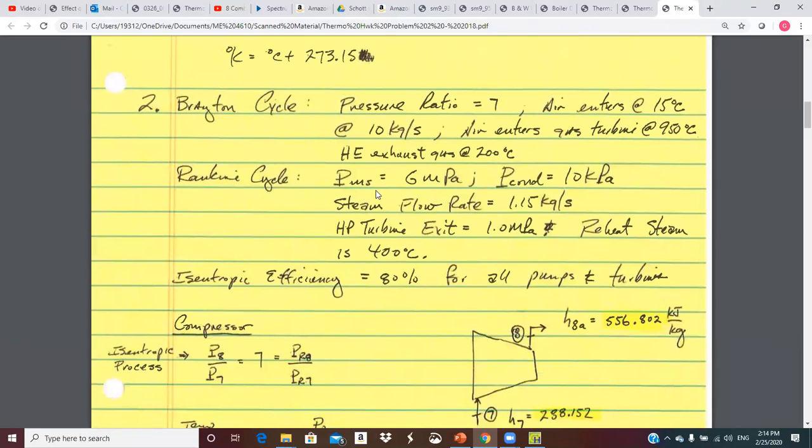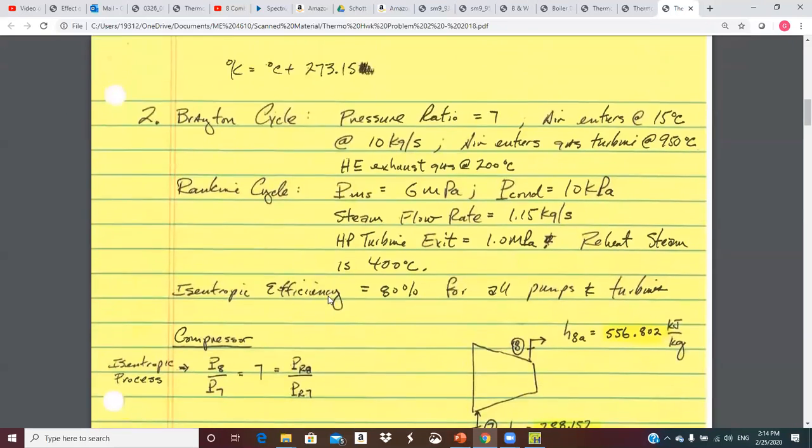Okay, on the Rankine cycle, main steam pressure 6 megapascals, condenser pressure 10 kPa. We do have steam flow rate through the whole system. There's no extraction, so it's constant at 1.15 kilograms a second. High pressure turbine exit, 1 megapascal, and the reheat steam is 400 degrees C. Isentropic efficiency is 80% for all pumps and turbines.